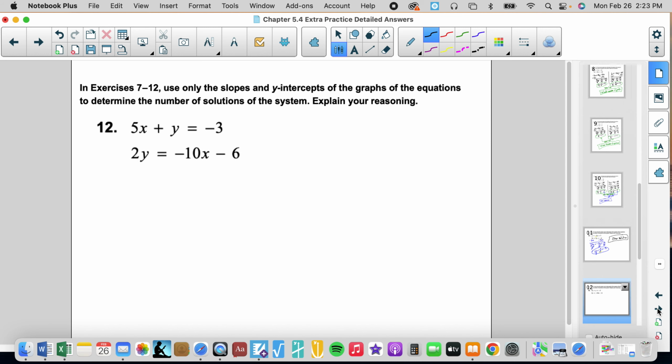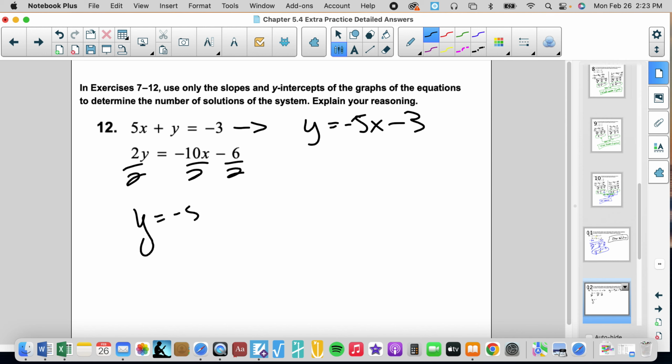Number 12, that's an easy one to isolate. y equals negative 5x minus 3. This is an easy one. Wow, these got really easy. Use only the slope and y-intercept. Okay, negative 5x minus 3. So they are the same equation.